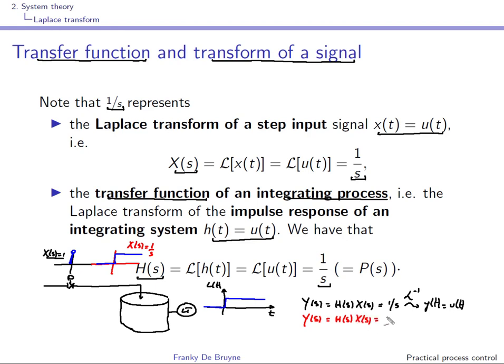So in this case this will be 1 over s squared. And if you take the inverse Laplace transform, you'll have that the output, in this case the level, will be t u(t). So what we'll have is a response now that will look like this.